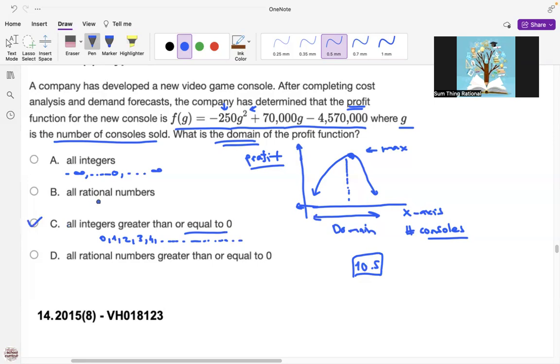Not rational numbers, like half a console. You cannot talk about 1/3 console. Rational numbers will not be the correct answer. All integers will not be the correct answer. Rational numbers bigger than 0 will not be the correct answer. Here we are talking about the number of consoles, so the number of consoles should be all integers greater than or equal to 0. Thank you for watching the video. See you in the next video.